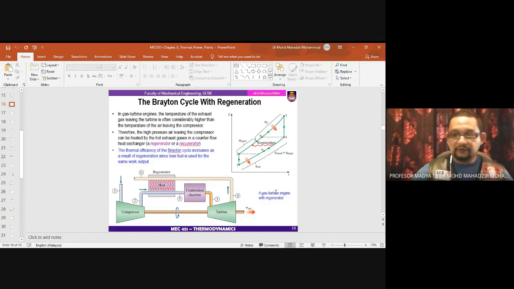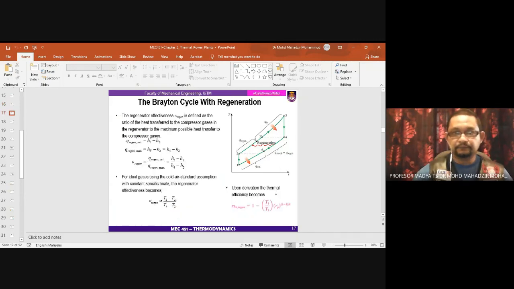Okay, we go to the next slide. When we talk about regeneration or regenerator or heat exchanger in the Brayton cycle, one term we have to know in this analysis is how to calculate the effectiveness of this heat exchanger.